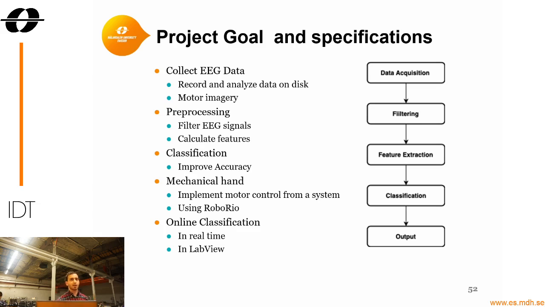And once we had done that, we would extract and calculate features to get more relevant data that the classifier can then train and interpret. And once we had done that a few times offline, we implemented the best methods in our online application.